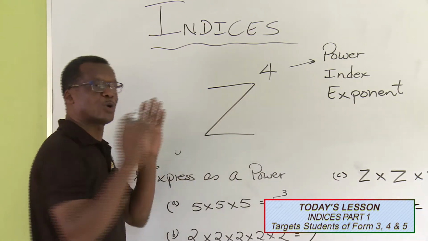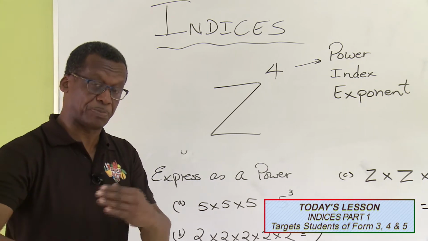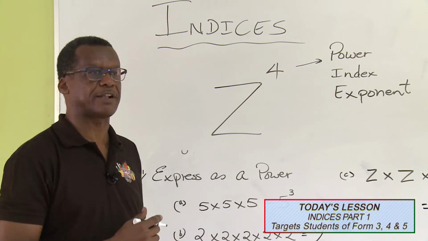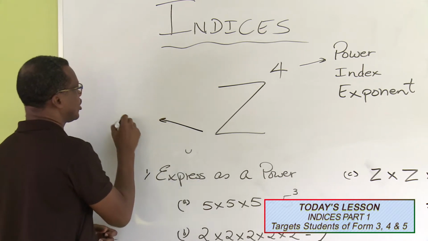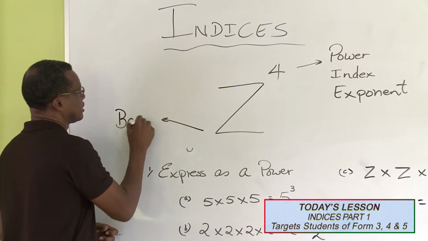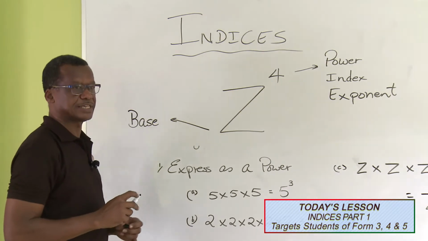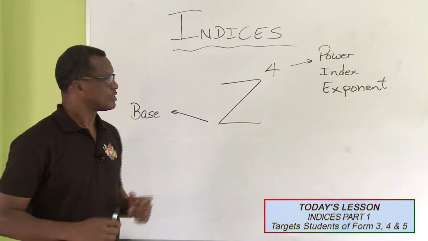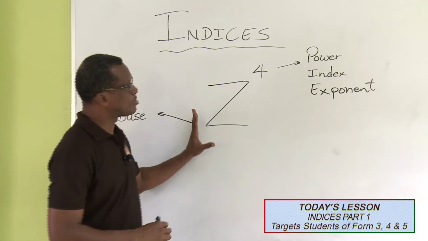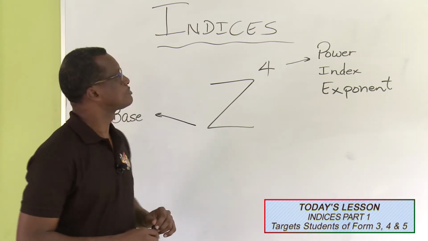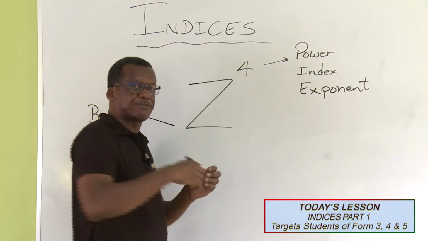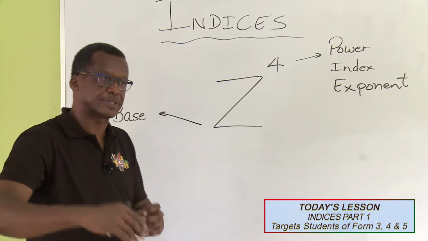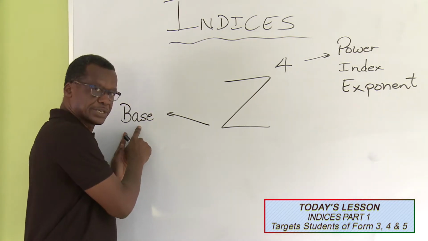And the bigger number, the quantity which we repeatedly going to multiply by itself, is given a special name. It's called the base. Very good. So, we see that when a number is raised to a power, the quantity that is multiplied by itself a certain number of times is called the base.